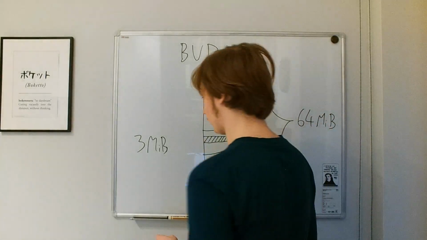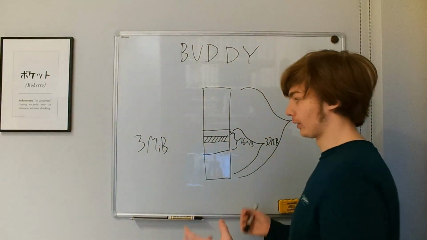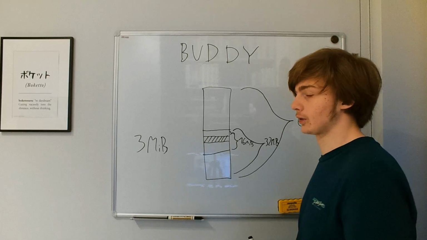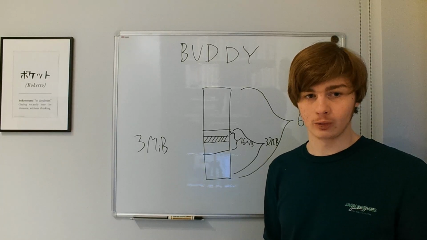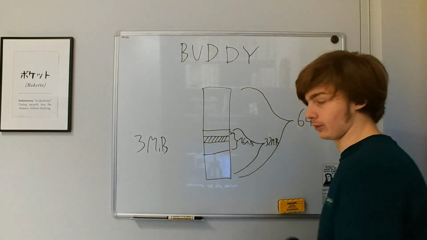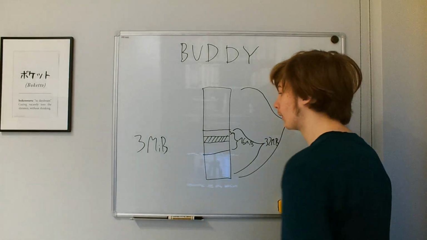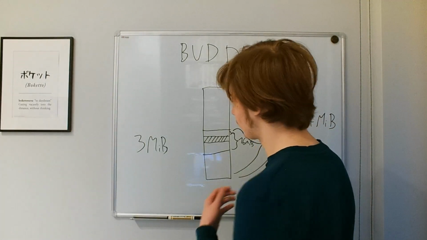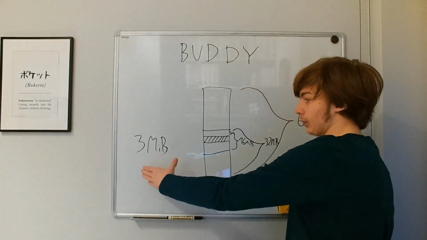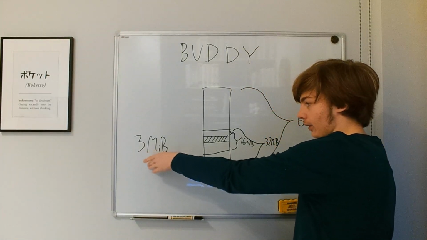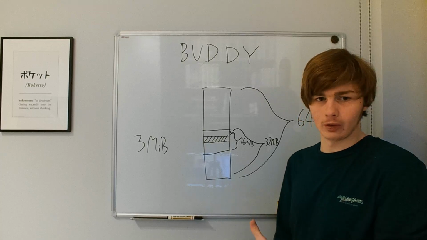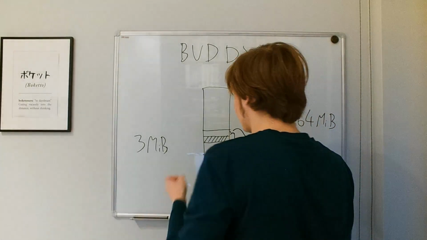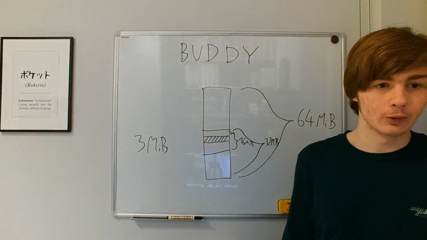For example, one of those things, and you might have already noticed this, is internal fragmentation, which is a big consequence of this sort of buddy allocator. Because if you've kept track of what we're doing, we were trying to allocate 3 megabytes, but hold on, what we've ended up actually doing in reality is allocating 4 megabytes.